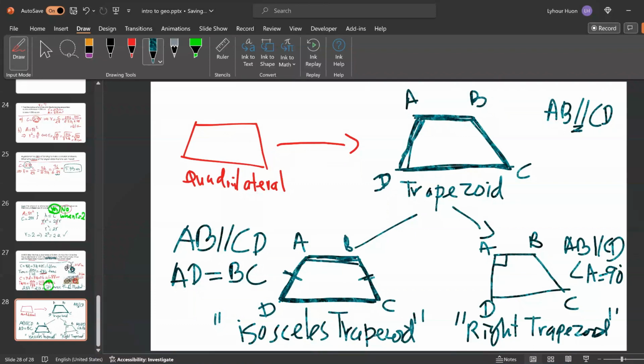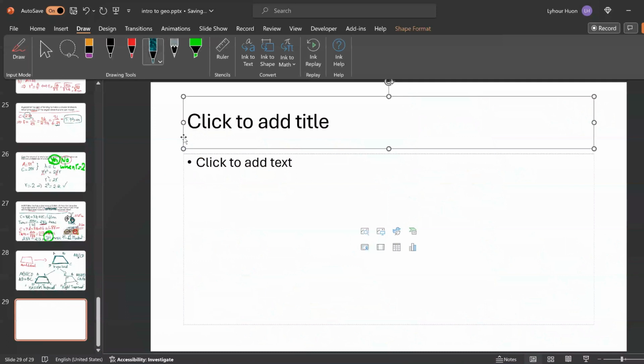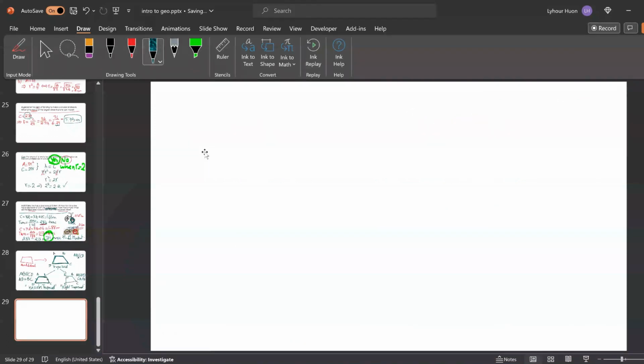Okay. Next, basically, now two opposite sides are parallel, right? Two opposite sides are parallel. AB and CD are parallel. So, what if two pairs, not just one, but two pairs of opposite sides are parallel?